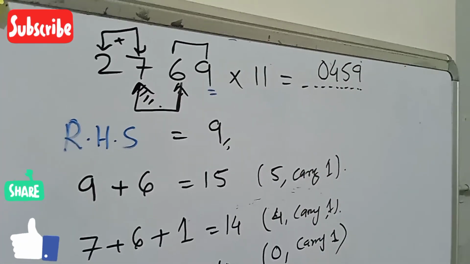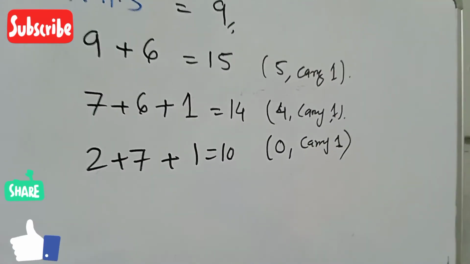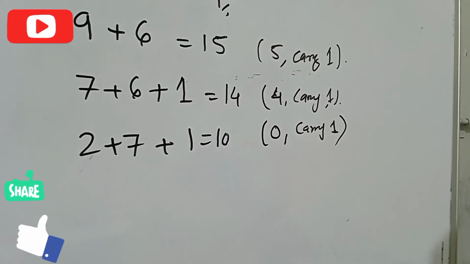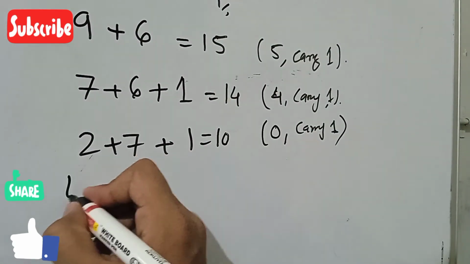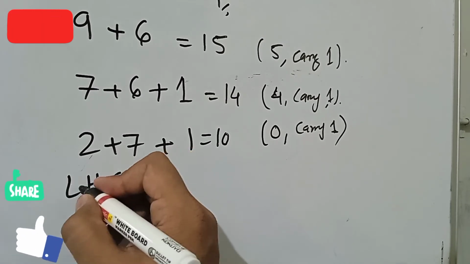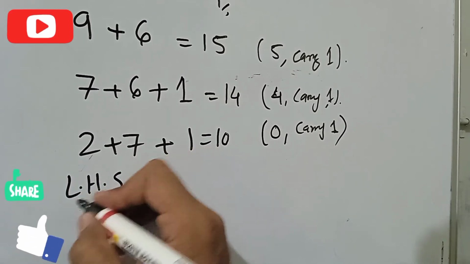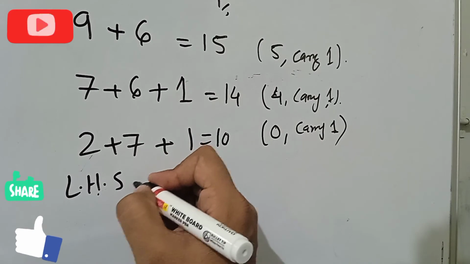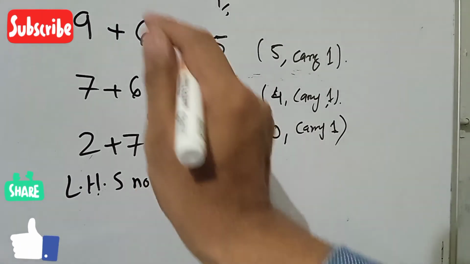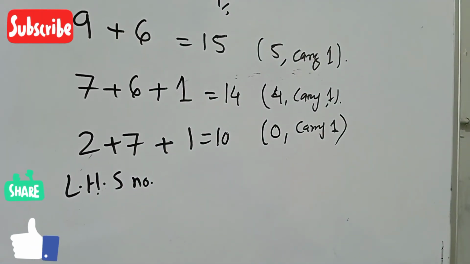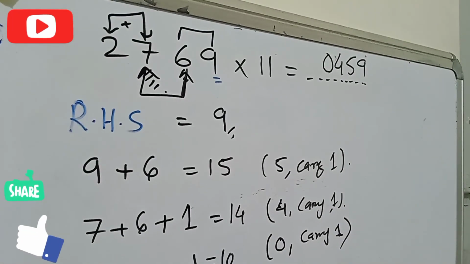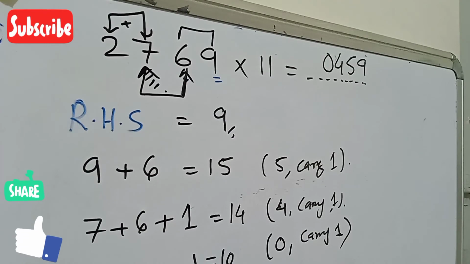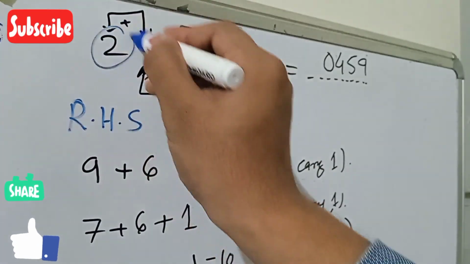Now at the last, you need to remember a very important parameter. We started with the RHS, and now we have to write the LHS value. The most left hand side number in the problem is 2.